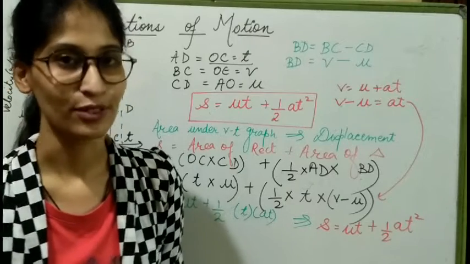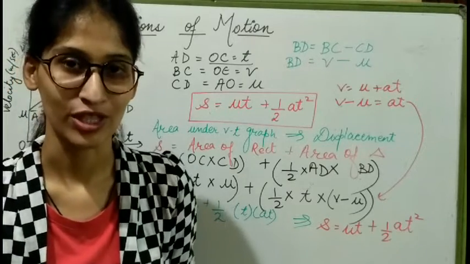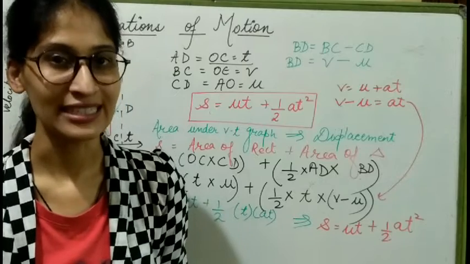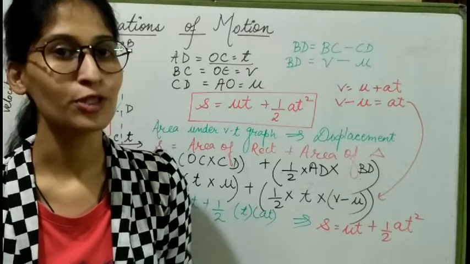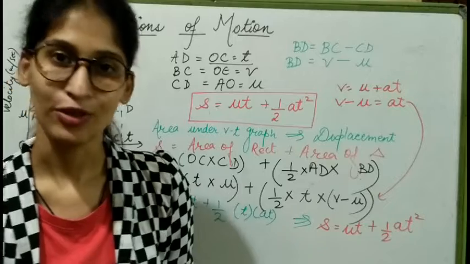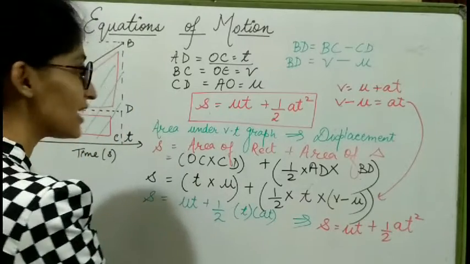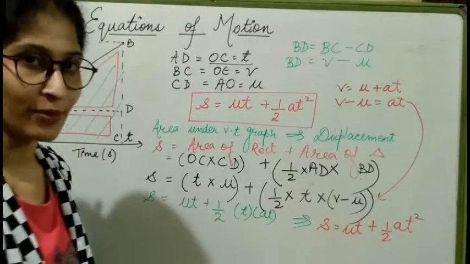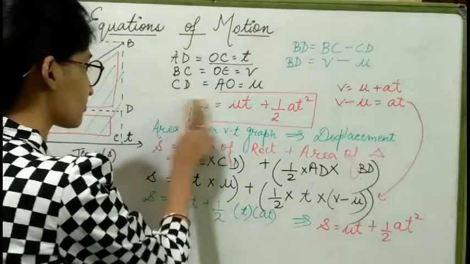Next, we are going to derive the third equation of motion. The third equation of motion is 2as equals v square minus u square. So let's begin with the derivation of the third equation of motion.